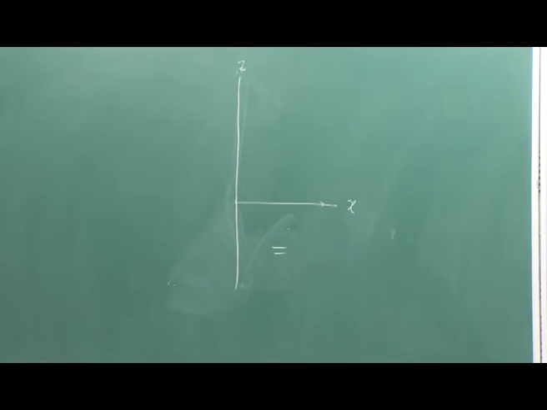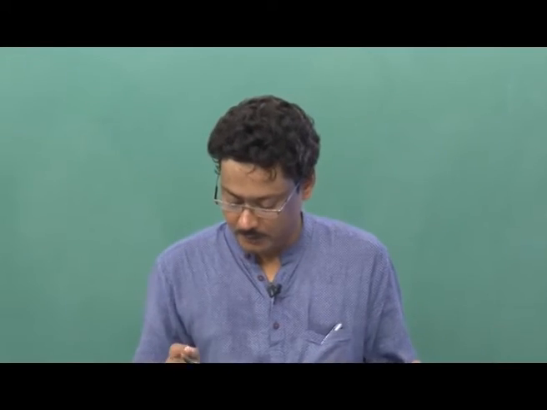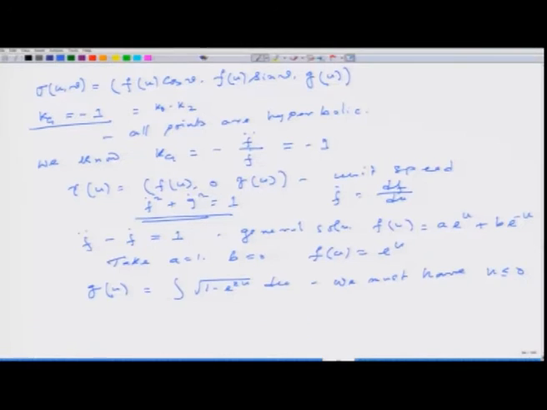I will draw the curve, but let us see if we can do a little bit more before we actually draw the curve. Let us try to evaluate this integral.